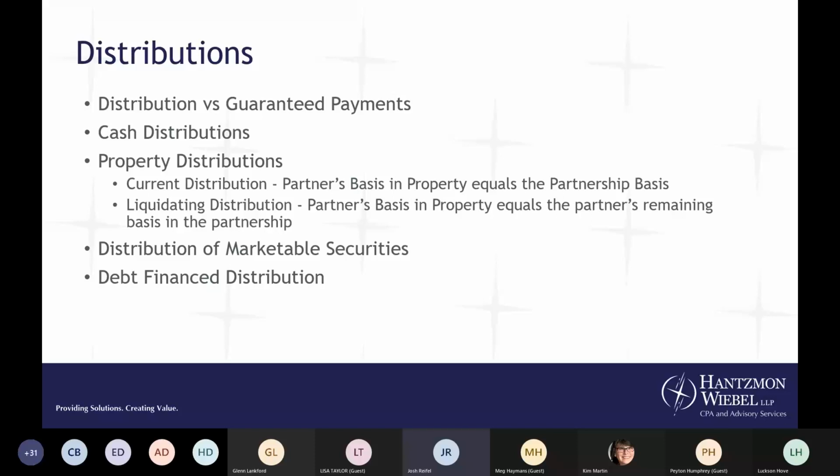But to a partner, the guaranteed payment is not qualified business income, so it has no effect on their ability to calculate the 20% deduction. On the other hand, a distribution does not affect the ordinary trade or business income.